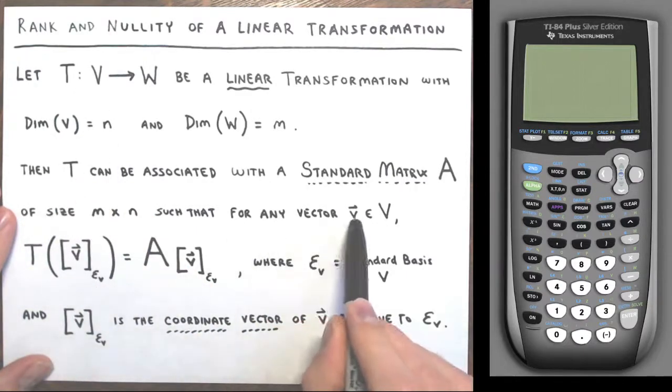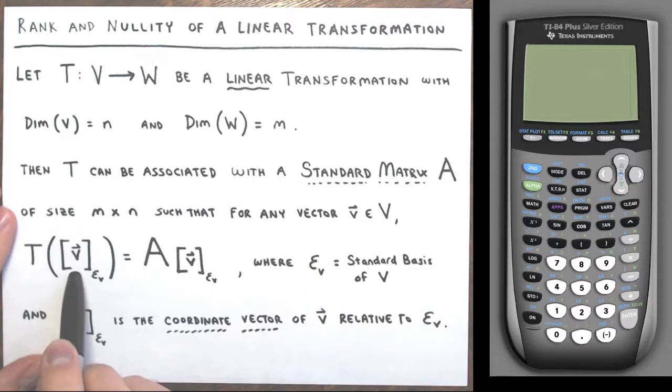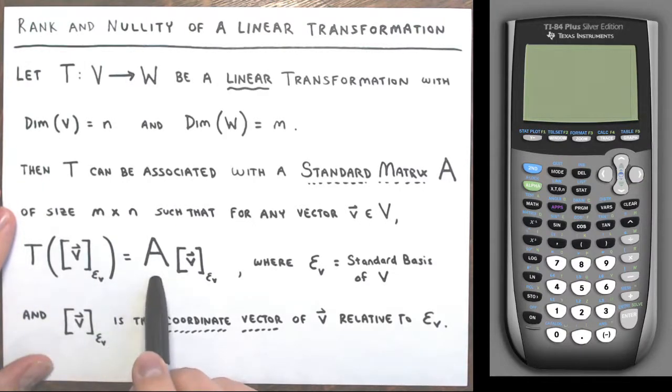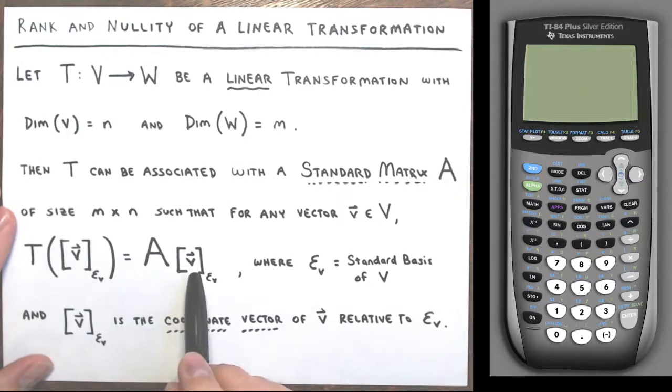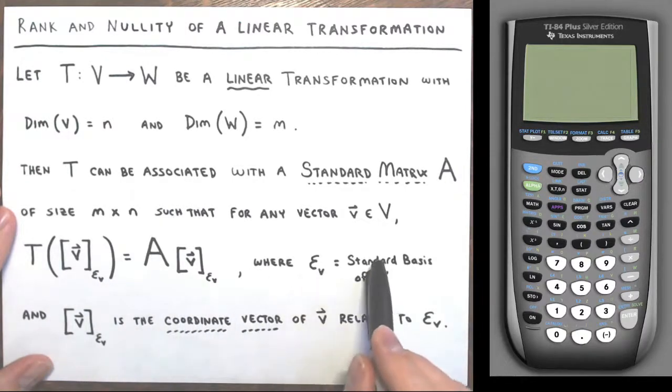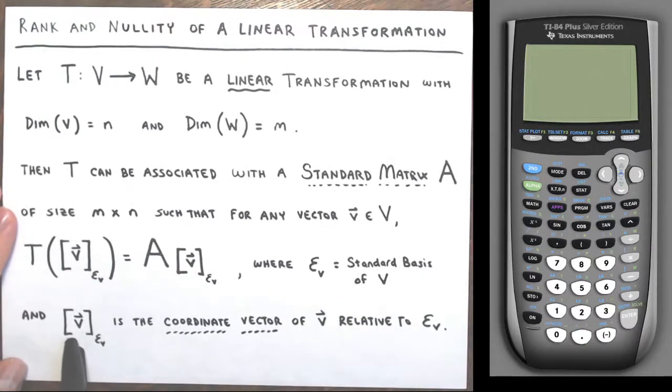If I take a vector from the domain and express it in terms of its coordinates with respect to the standard basis for the domain, and apply the transformation T to that, I should be able to express the output, if it's linear, as the standard matrix A multiplied by that same input coordinate vector. Again, E_V is the standard basis of the domain, and the bracket around v with subscript E_V is the coordinate vector of v relative to E_V.